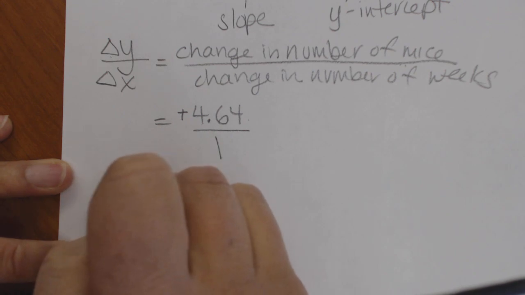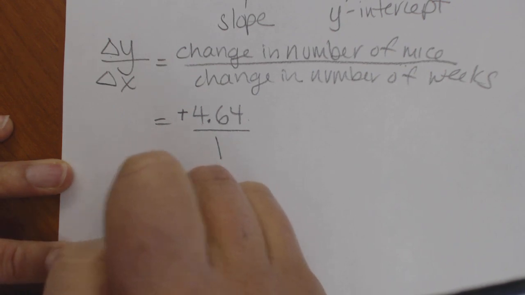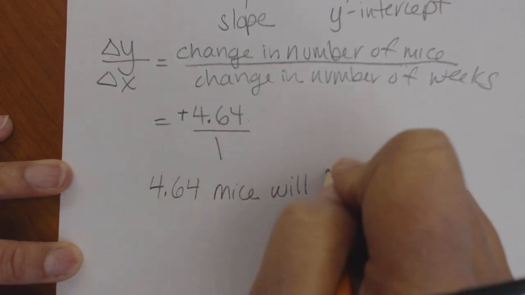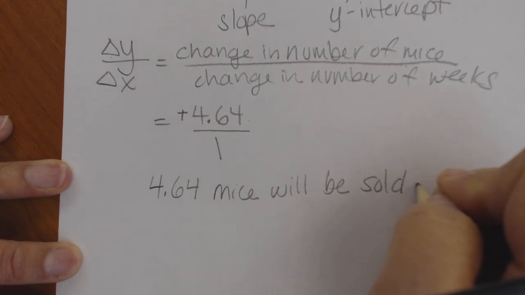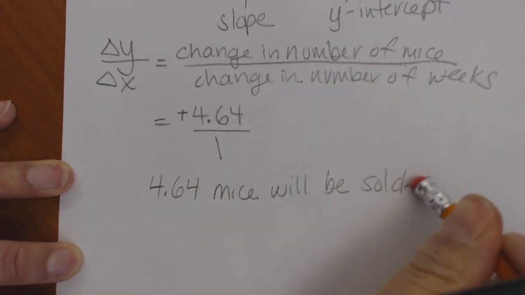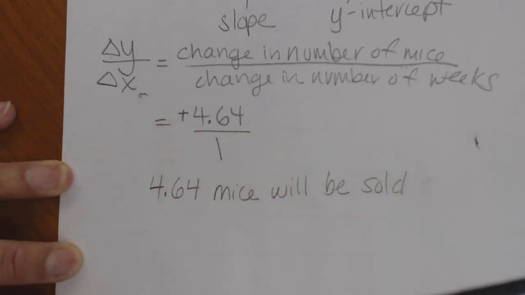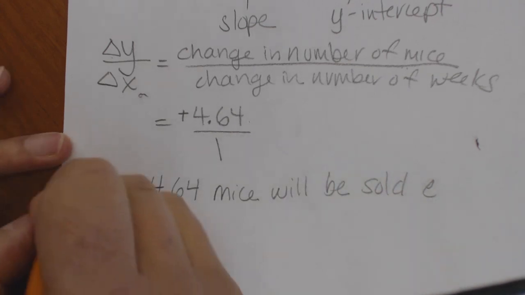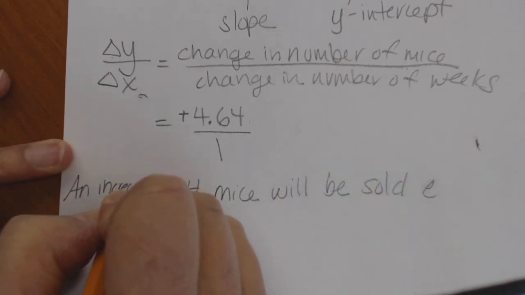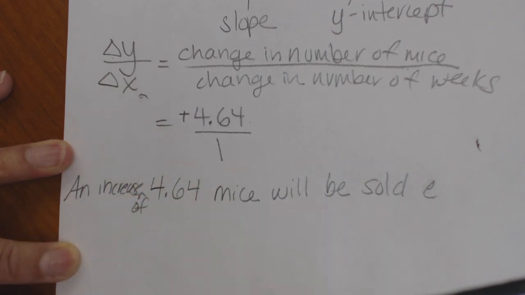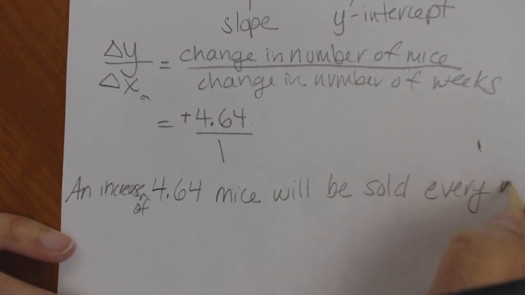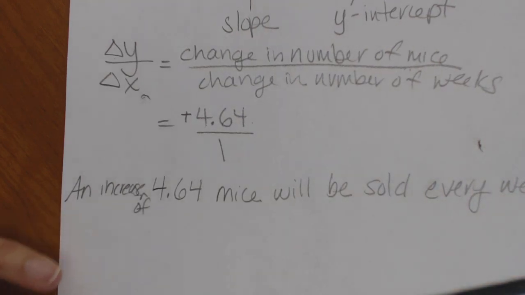So 4.64 mice will be sold each week. It's going to increase every week by selling 4.64.